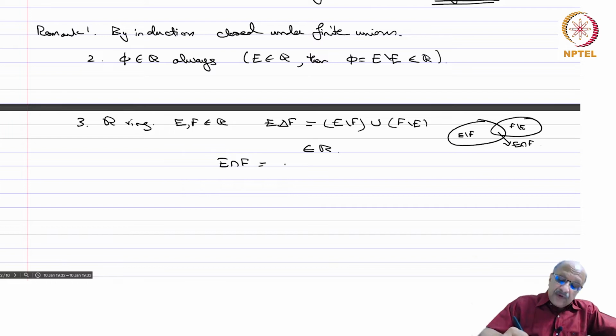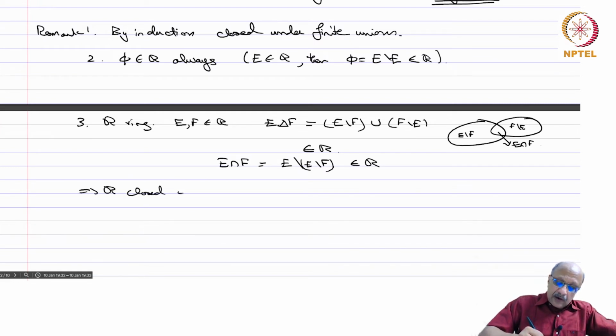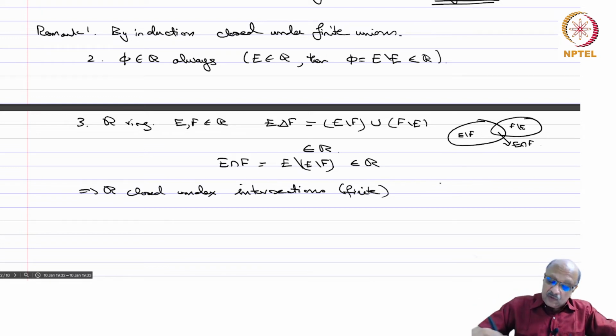E intersection F is nothing but E minus (E minus F), and therefore this also belongs to R. This belongs to R, and then difference belongs to R, and therefore you have that E intersection F belongs to R. So the ring is also closed under intersections, and by induction, finite numbers of intersections are also true, and symmetric differences.